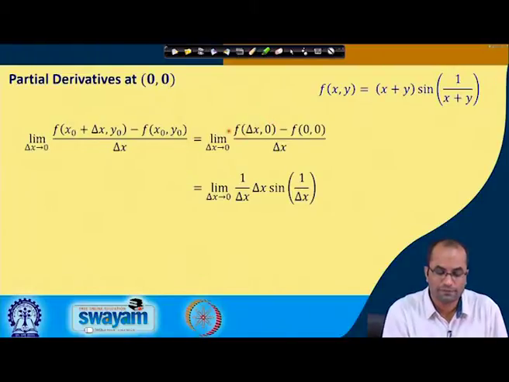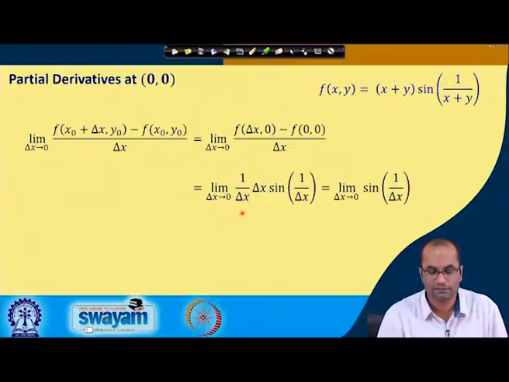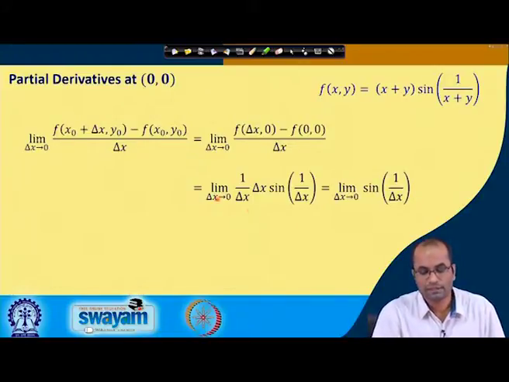So, in this case, as per the definition, with delta x going to 0, we have f of delta x, 0. Here y is 0 and x is replaced by delta x. So, we have delta x times sin 1 over delta x, and this 1 over delta x term is here. The delta x and delta x get cancelled, and we get simply the limit as delta x goes to 0 of sin 1 over delta x. In this case we do not know what this limit is, because the sine is not definite when delta x goes to 0.